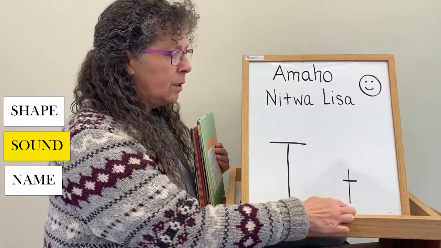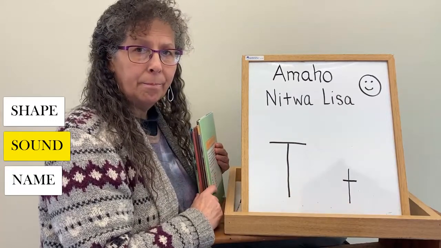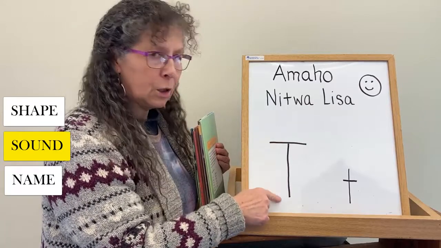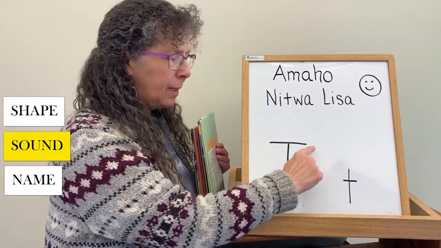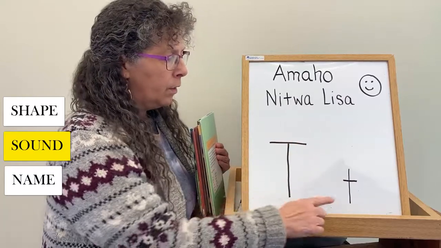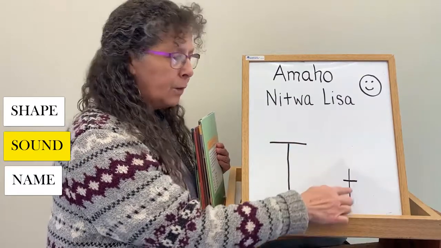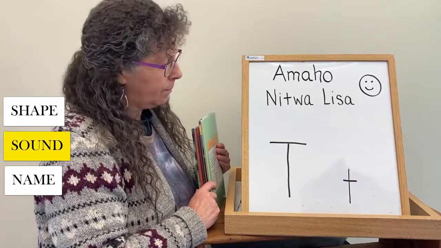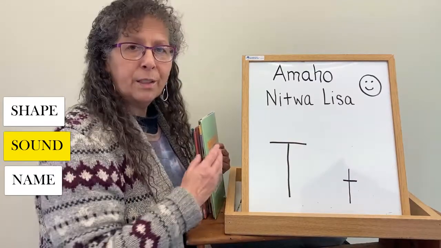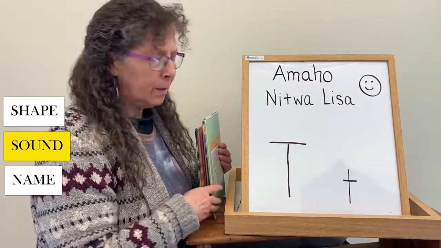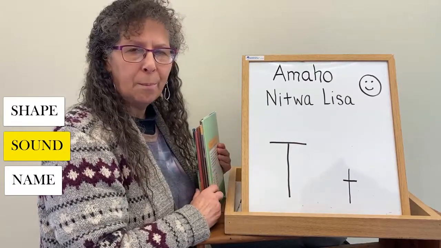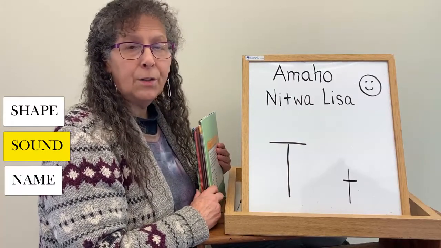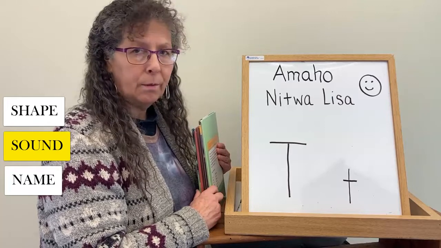Do these letters look exactly the same? No. The capital T has a straight line with another straight line on top. The lowercase letter t has a straight line with a smaller line that crosses through it. Those are some of the questions I would ask the children so they could notice the shape of the letter T.